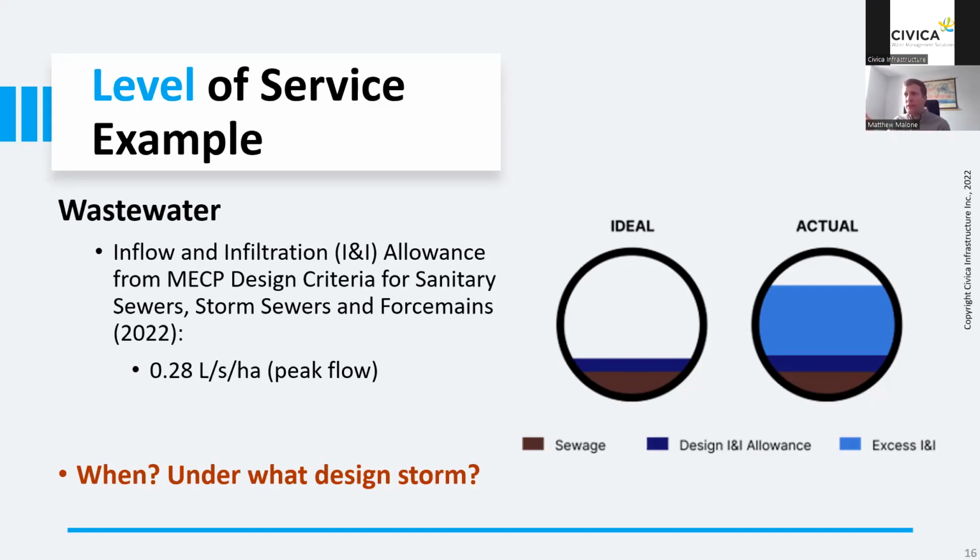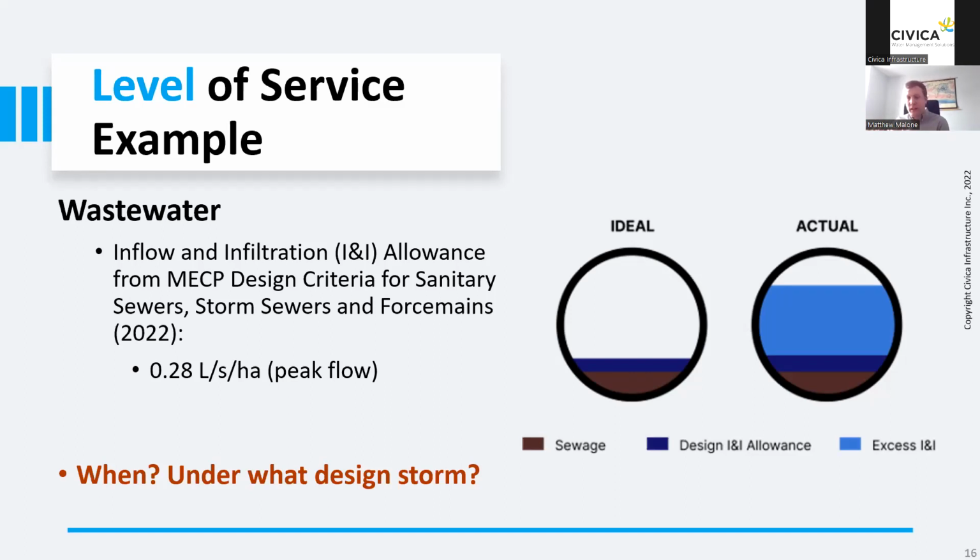This is 0.28 liters per second per hectare peak flow, and there's no other context to that. So under what design storm? I know some municipalities have gone to the level of saying, we allow 0.28 under a 25-year design storm, or under X situation.